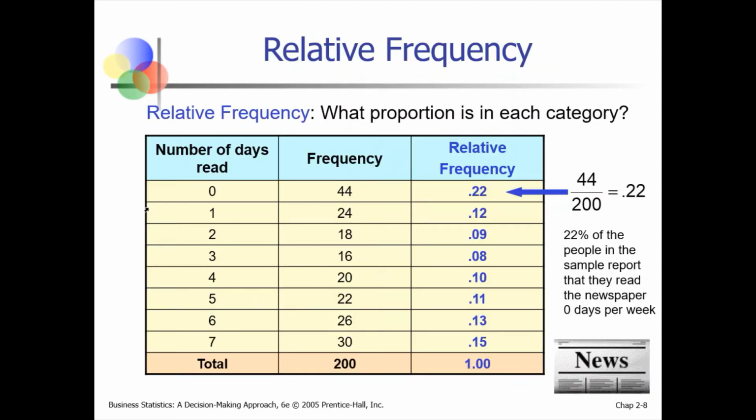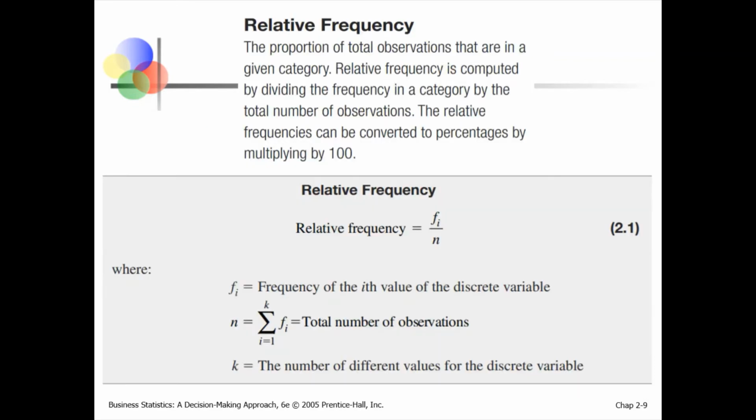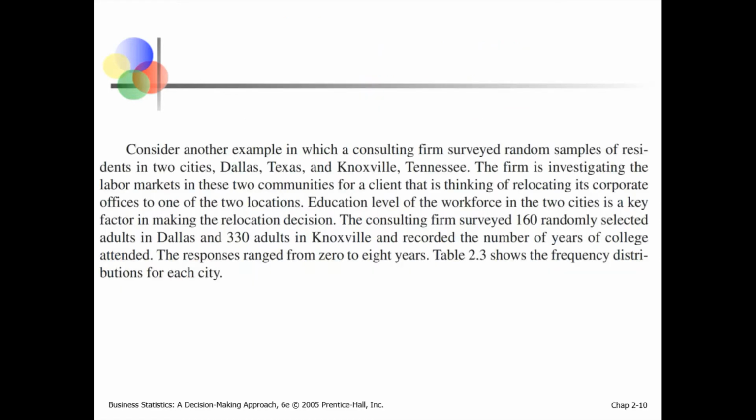So in this case, you have pila man ni ka k? 8, di ba? 1, 2, 3, 4, 5, 6, 7, 8. So you have k is equal to 8. That is kung pila ang values, pila ang inyong category number. So we have 7 here. So mo ni siya ang 7. Okay? So that is your relative frequency.